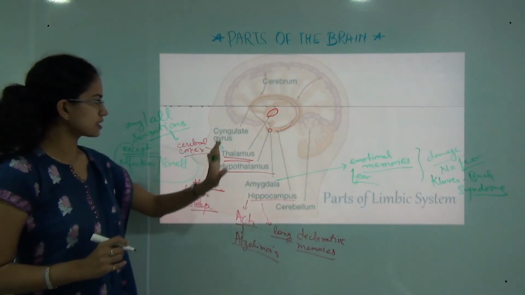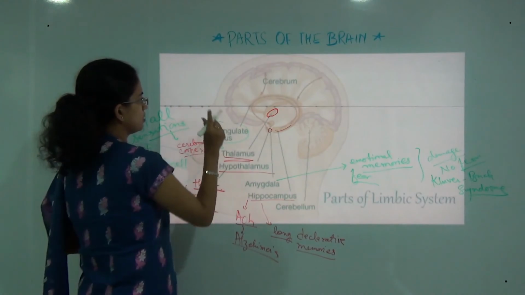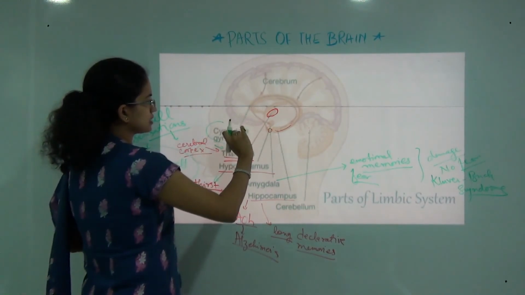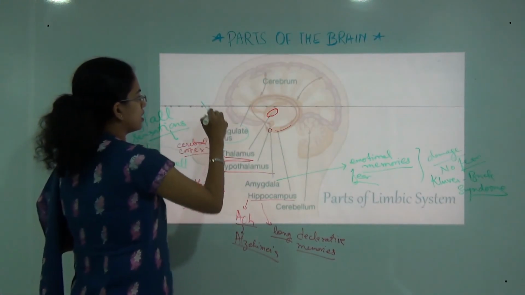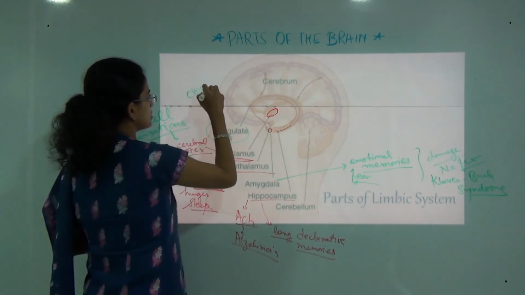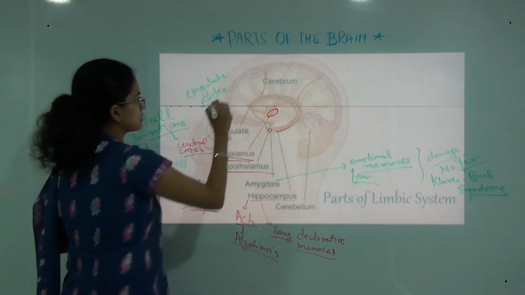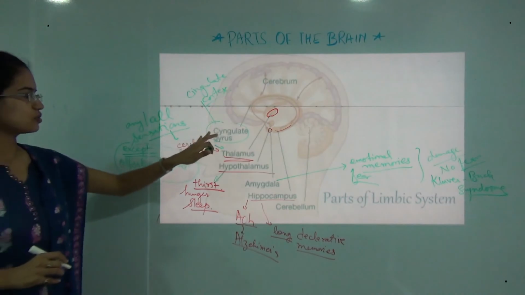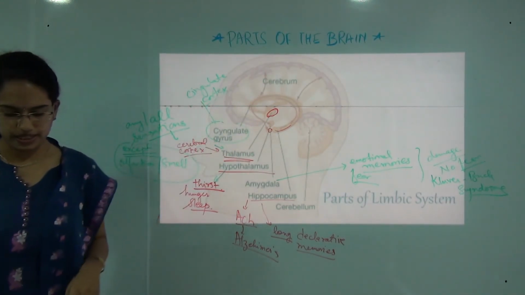The last part that we will be talking about is the cingulate gyrus. We also call the portion of the cingulate gyrus which is around the corpus callosum, and it also includes the cingulate cortex. So the cingulate cortex includes the cingulate gyrus and the region about the corpus callosum.